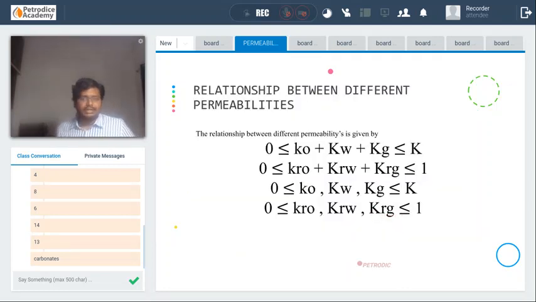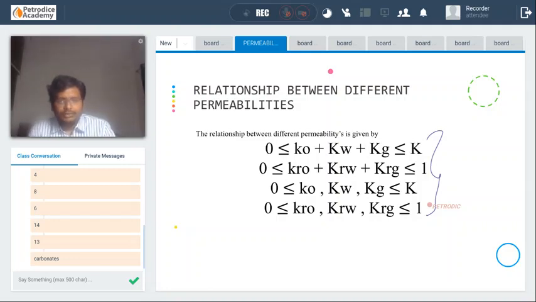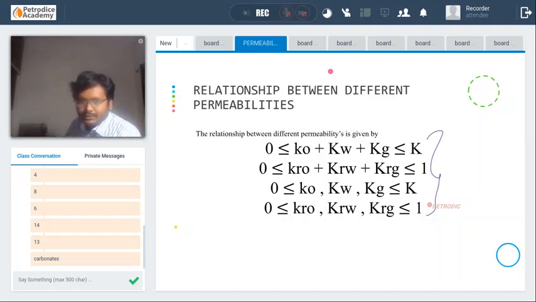Okay, and the relationship between the different permeabilities. Write down these four. The sum of the effective permeabilities, Ko plus Kw plus Kg, is less than or equal to K. Okay, if you send the permeability to the left hand side, 0 is less than or equal to KRO plus KRW plus KRG, which is less than or equal to 1.